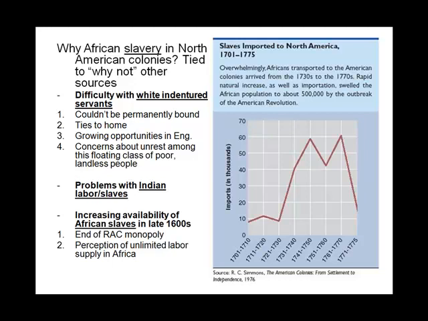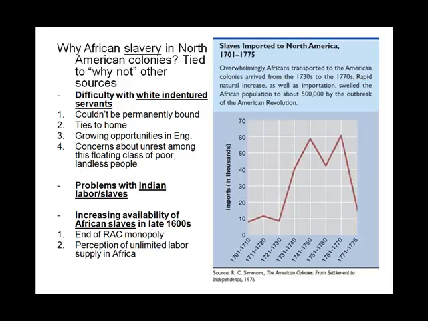In terms of white indentured servants, number one, they could not be permanently bound. Number two, they have ties to home. Number three, there are growing opportunities in England for poor people and less of a motivation for them to come over, to give up everything, and to decide that they will, in a sense, mortgage their freedom for 7 years to come to a wilderness to start all over again.